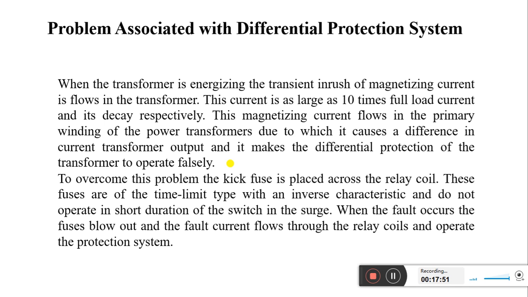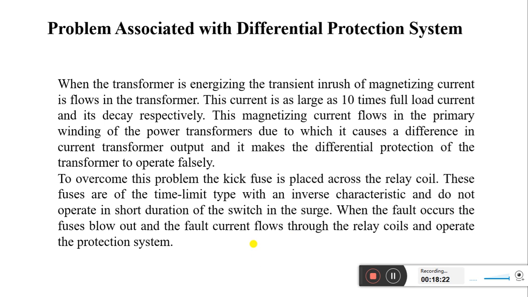To overcome this limitation, that without any fault in the system the protection gets operated due to the inrush current, which should not happen, we may place a fuse across the relay, and these fuses have an inverse-type characteristic.